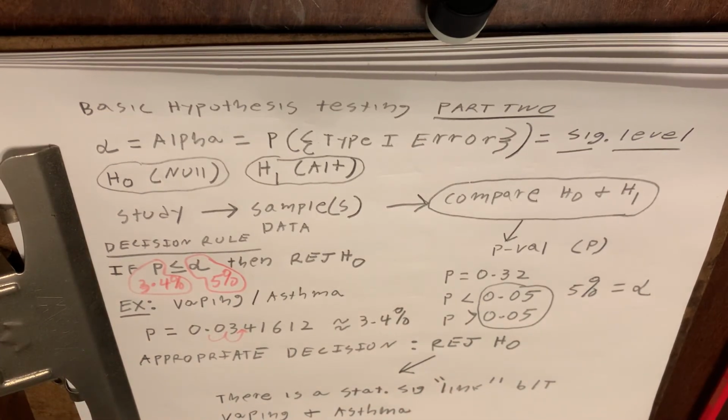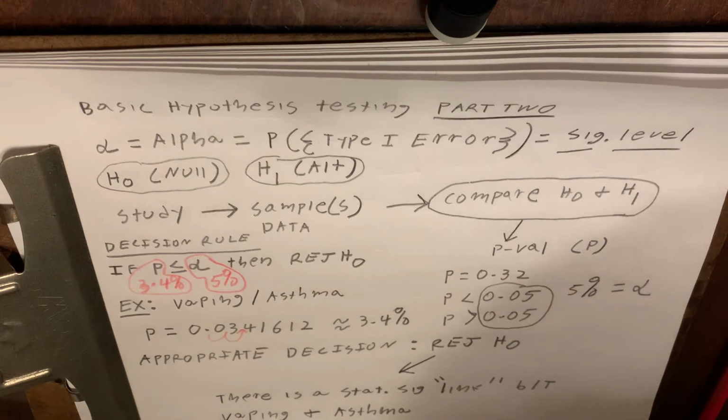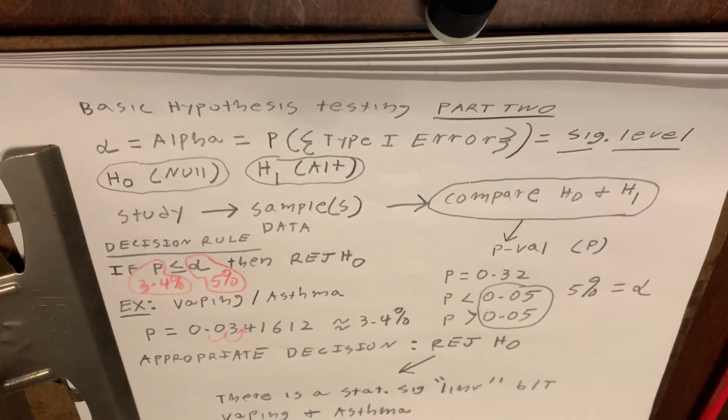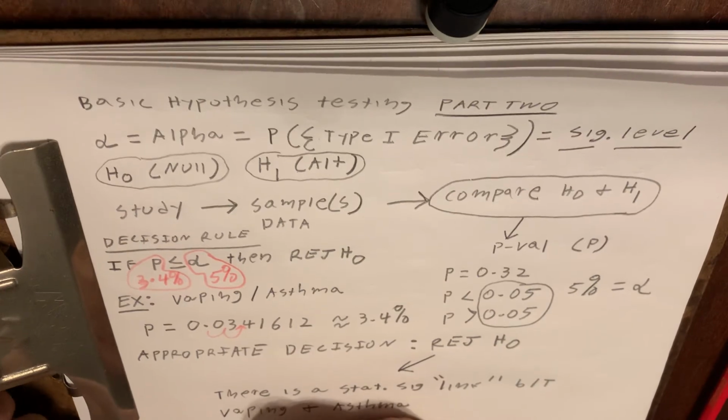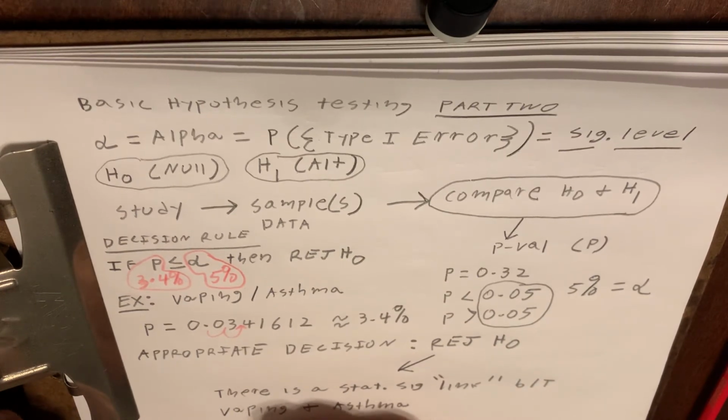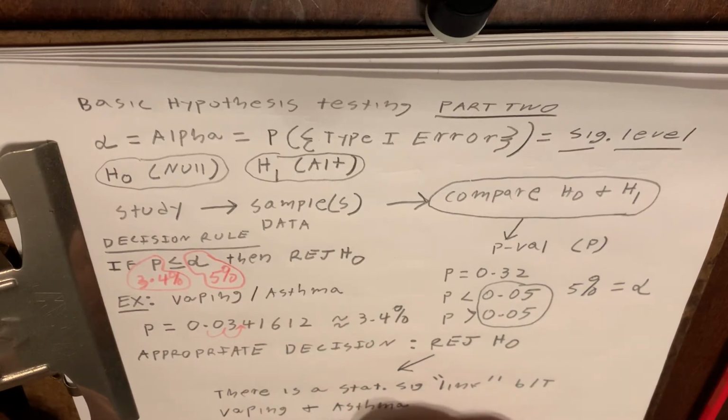So when you reject the null hypothesis, that's the same thing. Rejecting the null hypothesis is the same thing as saying statistically significant. I should write that down for you. I want to write it in a different color. So rejecting the null hypothesis is the same as saying that the results are statistically significant.